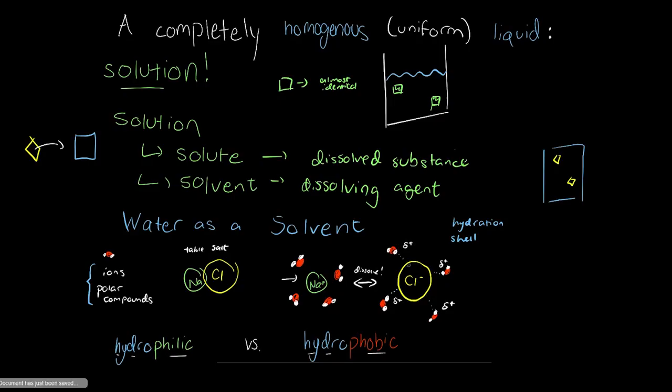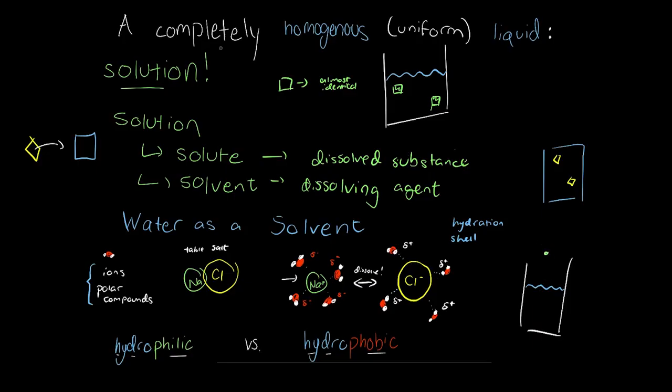So the hydrogen is positioned towards it, whereas sodium has a positively charged ion, meaning we need the negative side of the water molecule to interact with it. So far, so good. These hydration shells will separate the ions from each other. The resulting solution is with water as the solvent and sodium chloride, NaCl, as the solute.